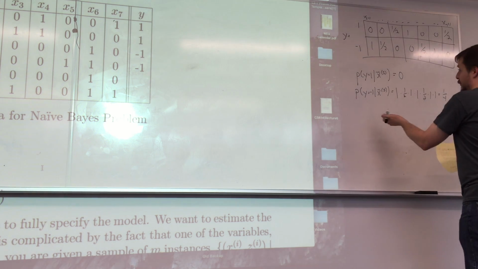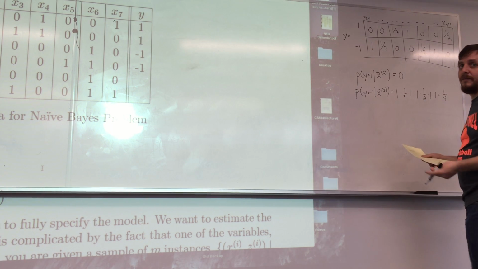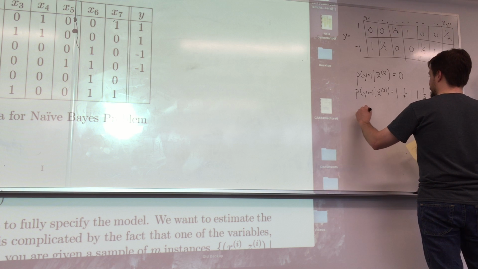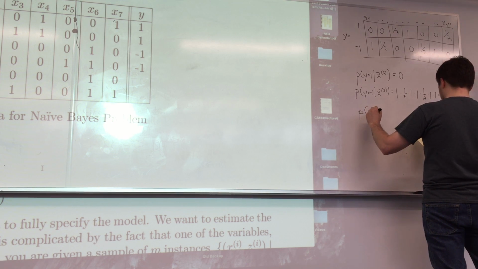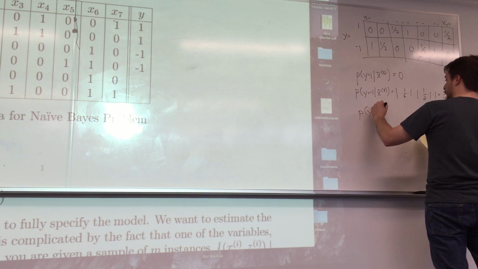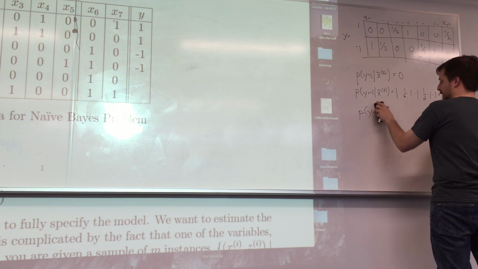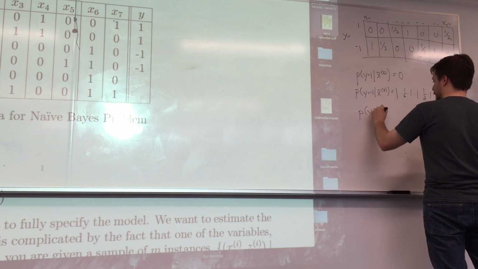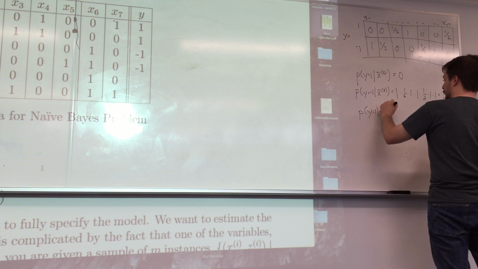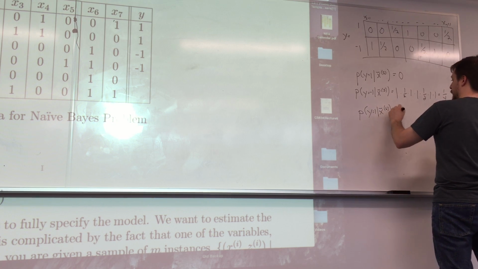At x6, so this isn't really a problem. You could predict negative 1, right? P of y equals 1 given x6. I mean, the question I asked is why is there a problem with x6? So really you didn't have to do anything with x5 yet.